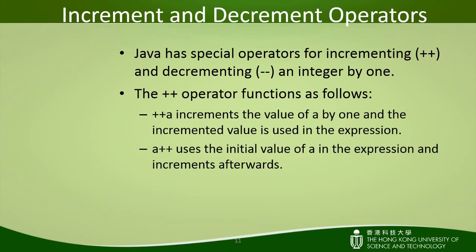As for a++, notice the difference here is to put the operator ++ after the integer variable a. The expression a++ will use the initial value of a as the value of the expression, and then the value of a will be increased by 1.